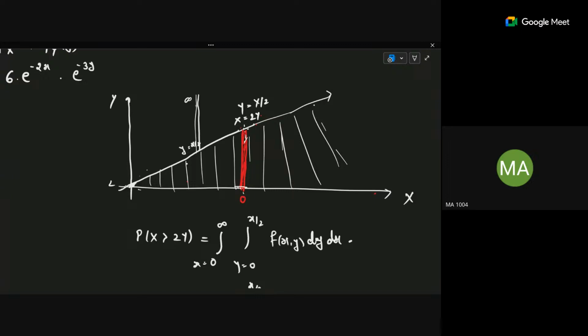If you are taking this strip and you are considering this upper area, to cover the whole upper area, from where to where will you swipe your strip, from leftmost to rightmost, right? Yeah. So those are the limits for your x. So what is the leftmost? Leftmost is 0, rightmost is infinity. So it's 0 to infinity.